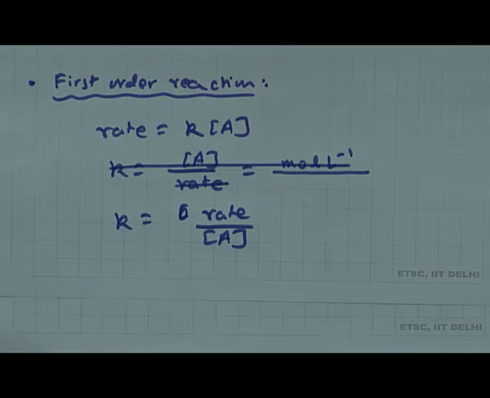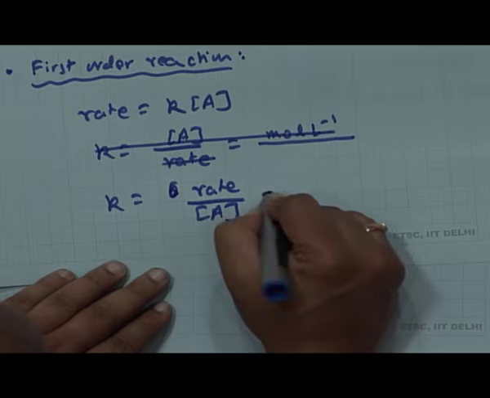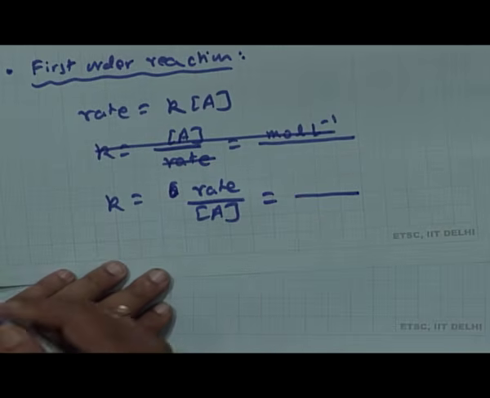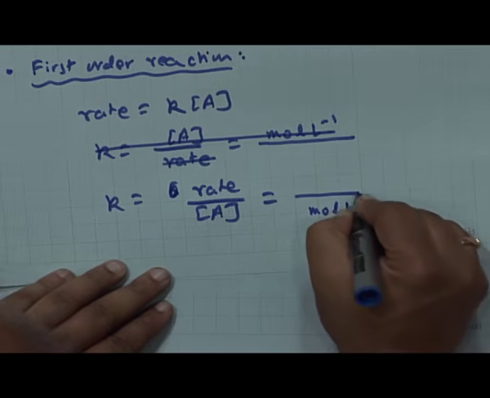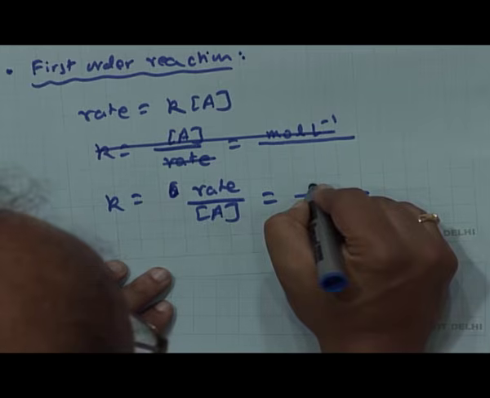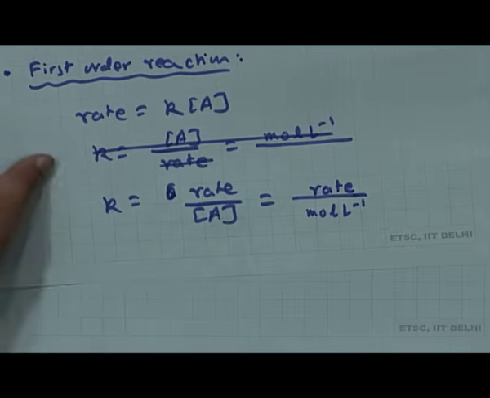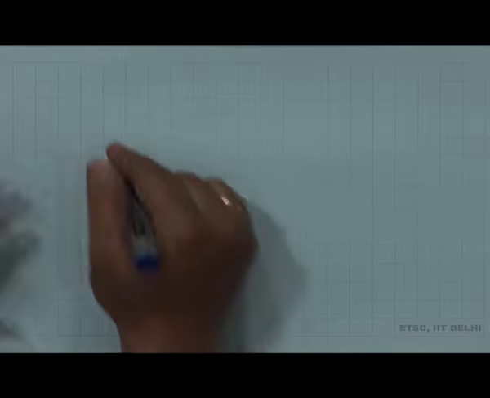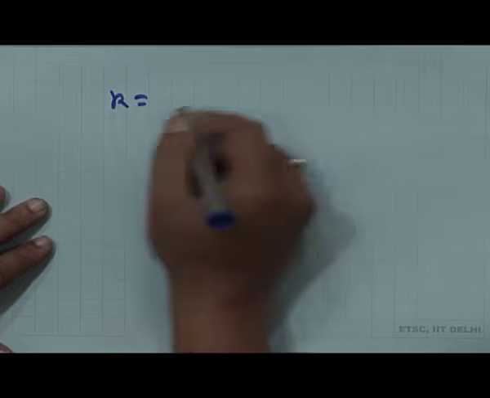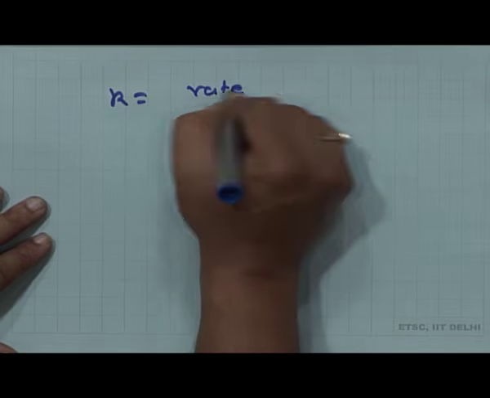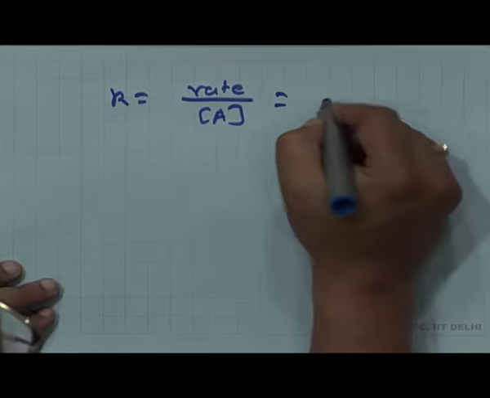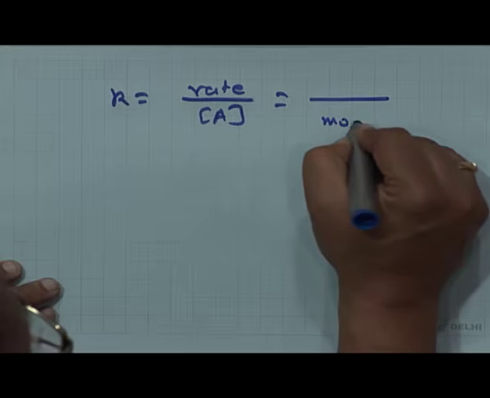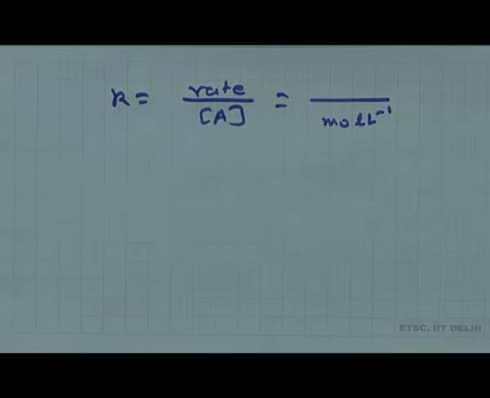So, K is equal to rate over concentration of A, and the concentration we knew is mole liter inverse, and then we are putting the unit of rate out here. So, we go to the next page, we write it a little in a better way because I have done some cancellation. K is rate over concentration of A, the concentration of A is moles per liter or molar concentration.